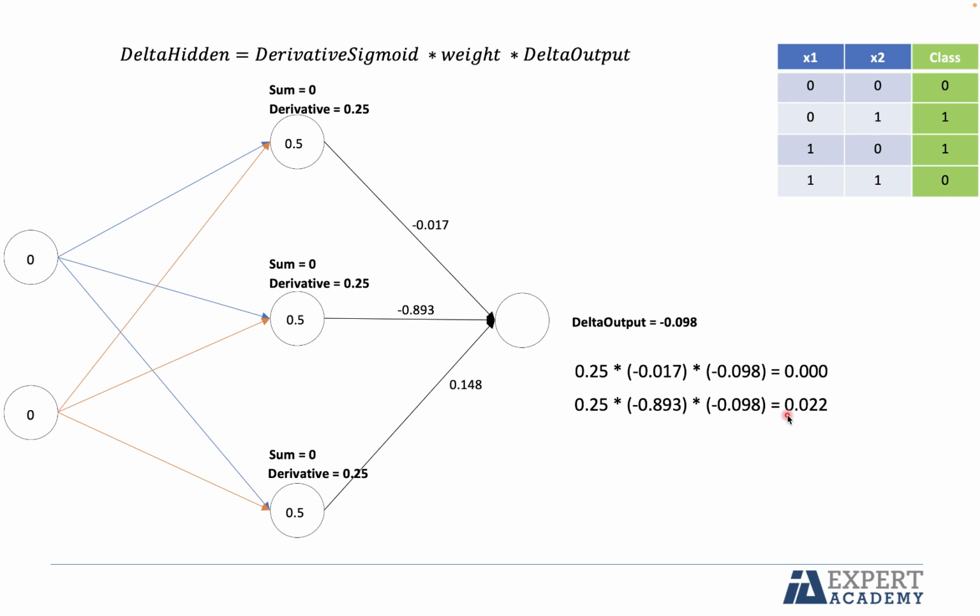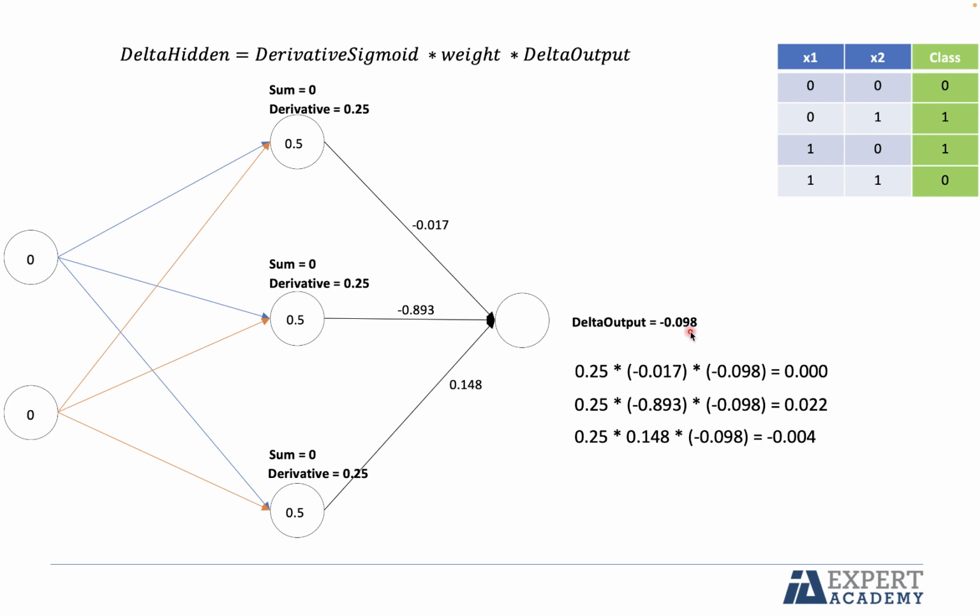The result is 0.022. Then we move on to the third neuron, the derivative times the weight times the delta output. The result is minus 0.004. In this column, we also use the same value, the delta output.